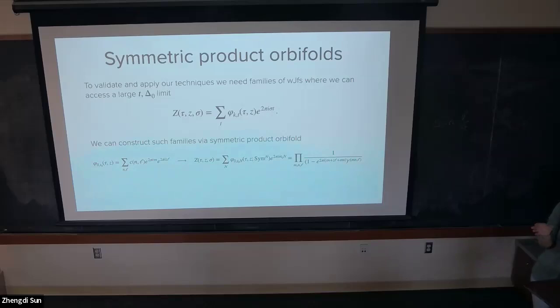And once you take a symmetric product orbifold, so you take n different copies of such a CFT, and you orbifold by the symmetric group that acts by permuting those different copies, you obtain a new CFT, which again is associated with a new weak Jacobi form. But now that new weak Jacobi form will have a larger value of the index. So in practice, the way that it works is that you start with your favorite weak Jacobi form.